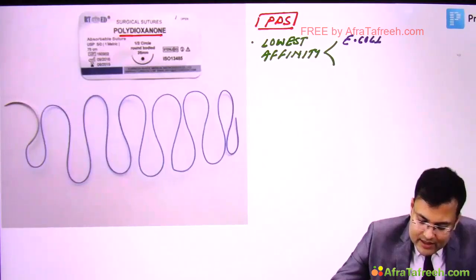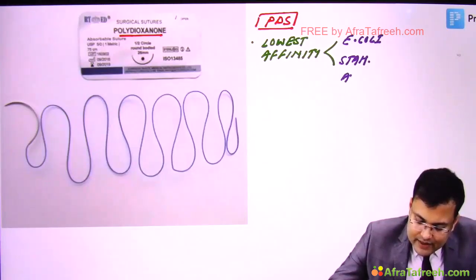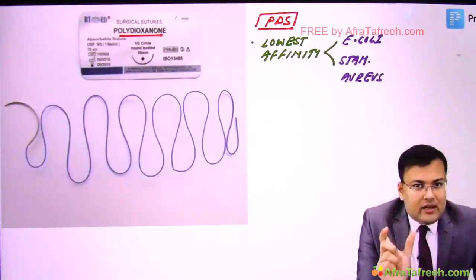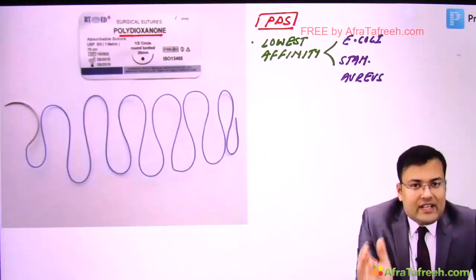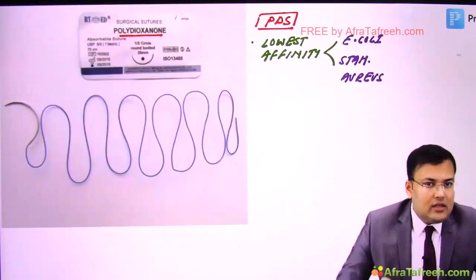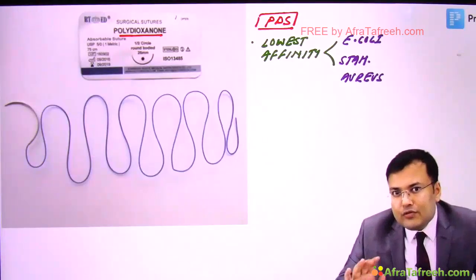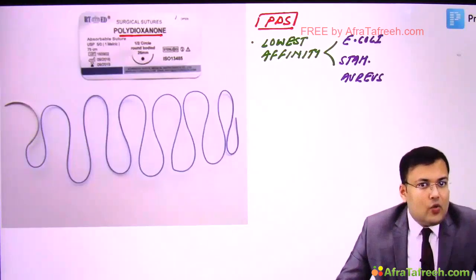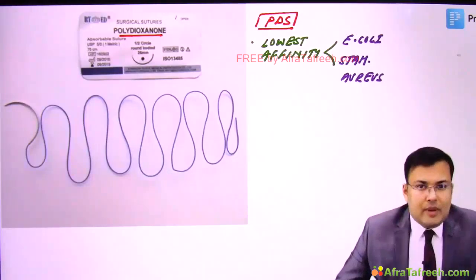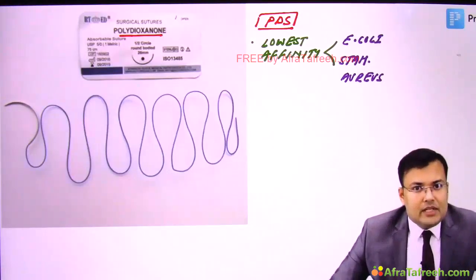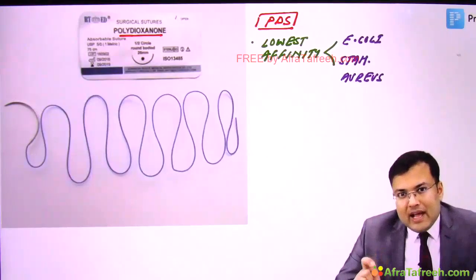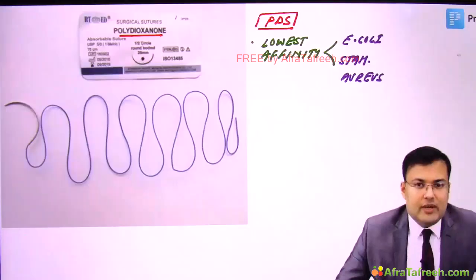So one advantage is a lesser risk of infection. The second advantage is that it is absorbed in 180 days. It means this suture is specifically used for those anastomoses where there is increased risk of anastomotic leak. If you remember Whipple's procedure, we discussed that at pancreaticojejunostomy, which anastomosis?